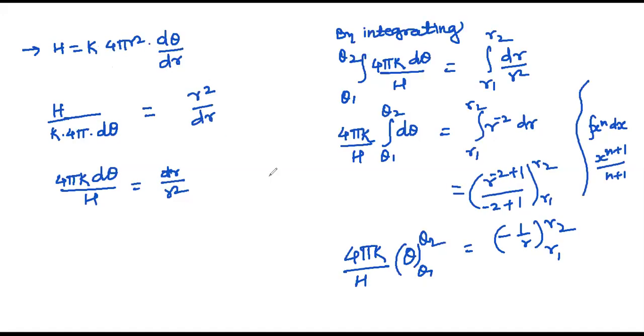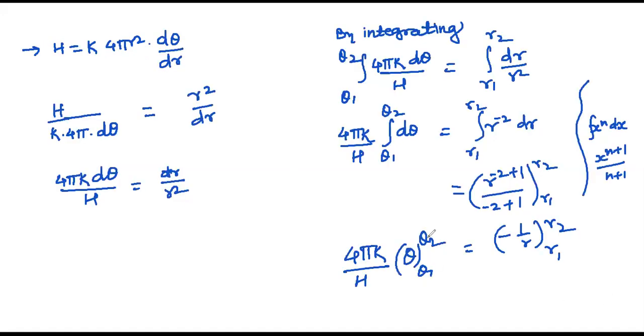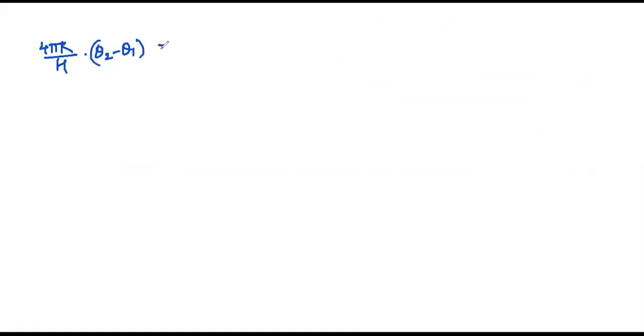Now what you got: 4 pi k by h into, put upper limit, subtract lower limit, theta 2 minus theta 1. You can see here, theta 2 minus theta 1 is equal to minus 1 by r2 minus minus of 1 by r1.